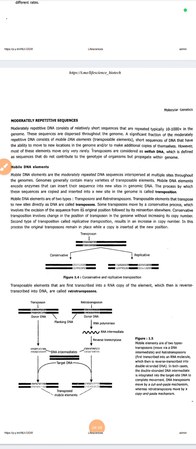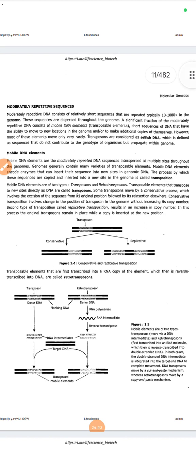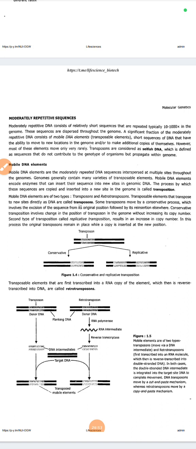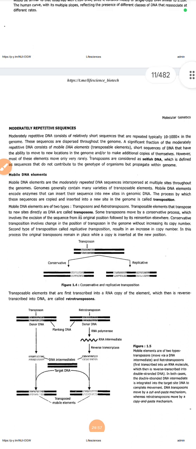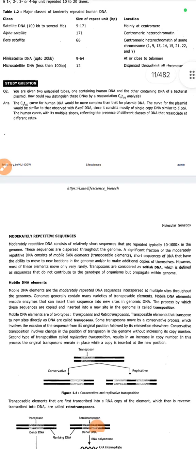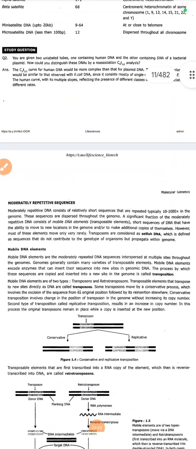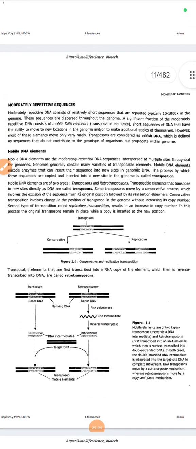They consist of short sequences that are typically repeated 10 to 1000 times in the genome, and they are dispersed throughout. Highly repetitive sequences are generally in the centromere or heterochromatin, but moderately repetitive ones are dispersed throughout, like microsatellites.